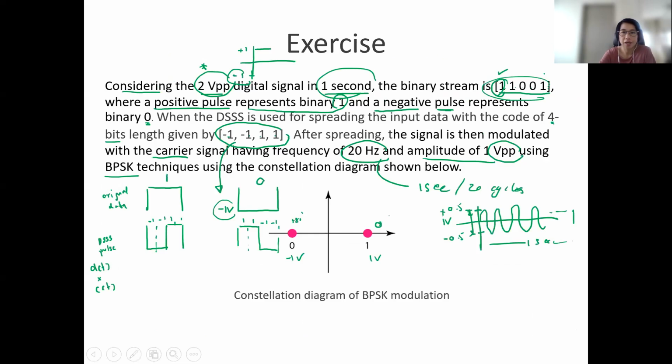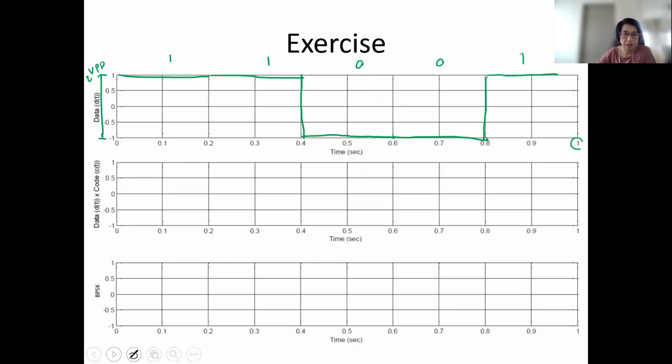It's mentioned very clearly that the positive pulse or positive volt represents bit 1 and the negative pulse represents bit 0. So if you draw bit 0 like this, it is wrong. Because bit 0 is not represented by 0 volt, right? It mentioned clearly that it is 2 volt peak to peak. So it means that bit 0 will be represented by -1 volt of the signal.